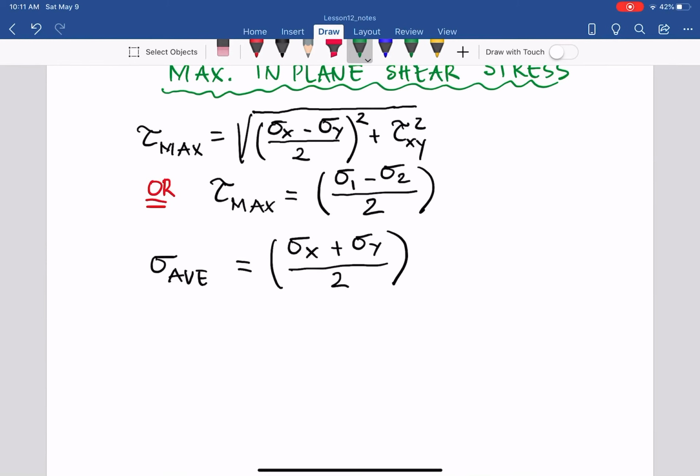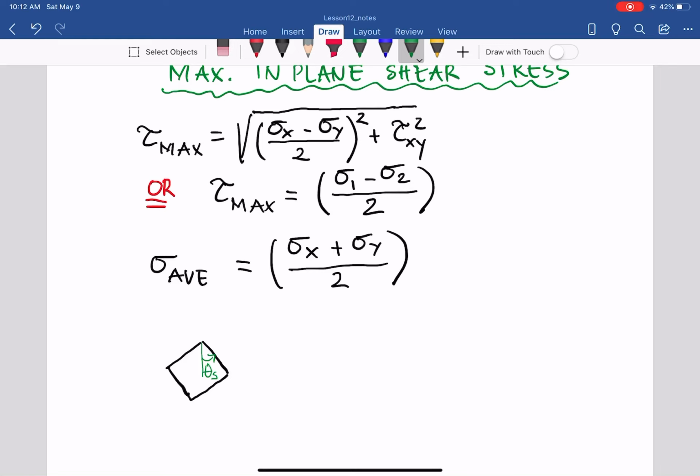If the block here has a plane with the maximum in plane shear stress, it rotates by an angle, and that angle we call theta s, from the original plane to the plane that has the maximum in plane shear stress.